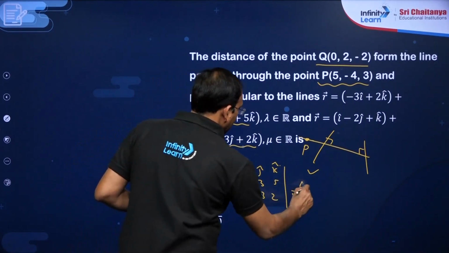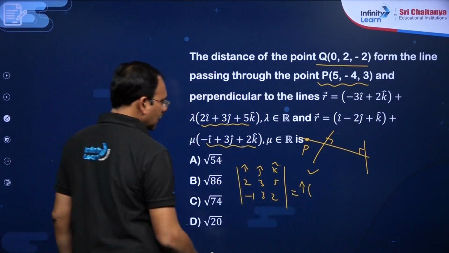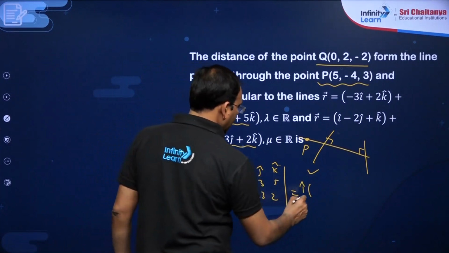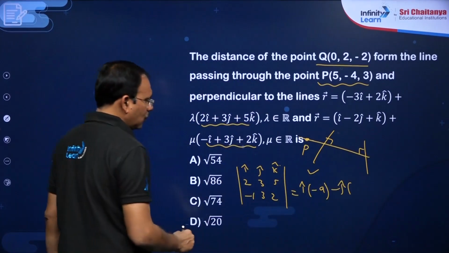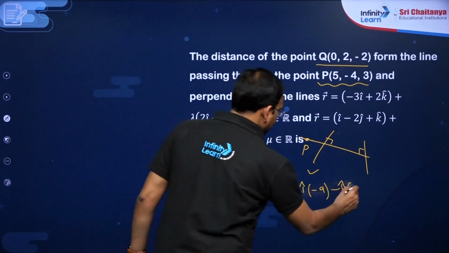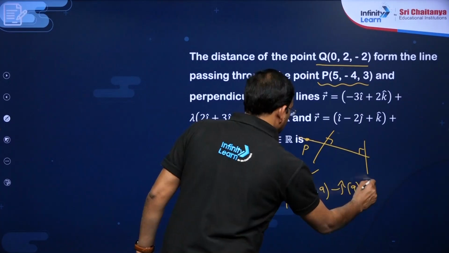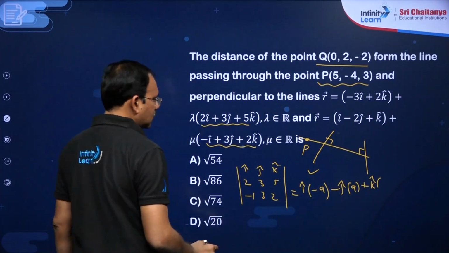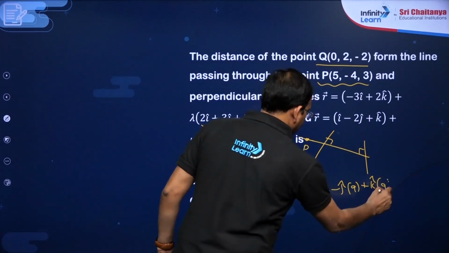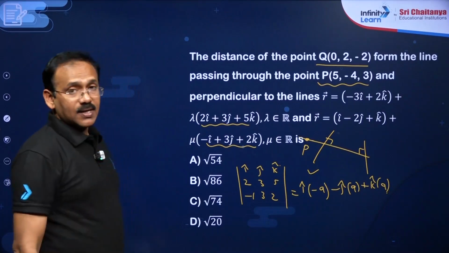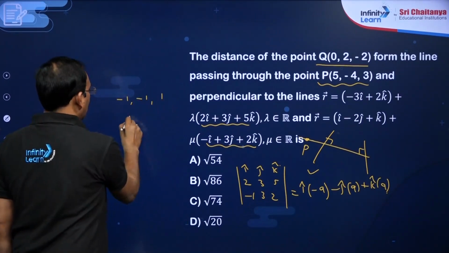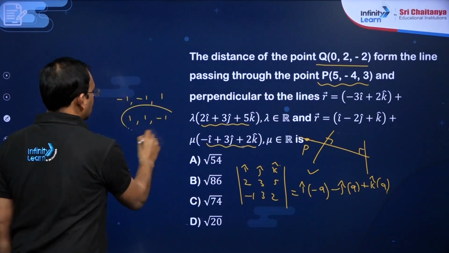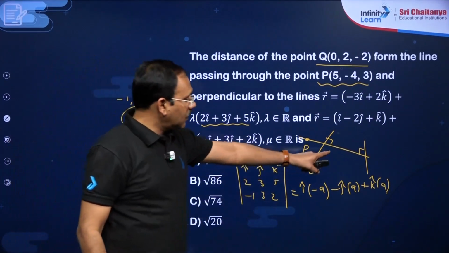You just find i cap into 6 minus 15, minus 9, minus j cap into 4 plus 5, 9, plus k cap into 6 plus 3, 9. So you can say minus 9, 9, in the sense minus 1, 1, or 1, 1, minus 1 you can say. These are the DRs of the required line.